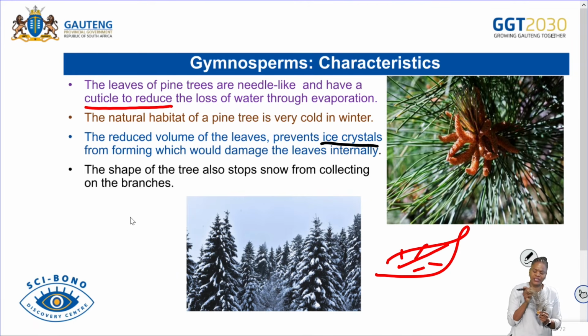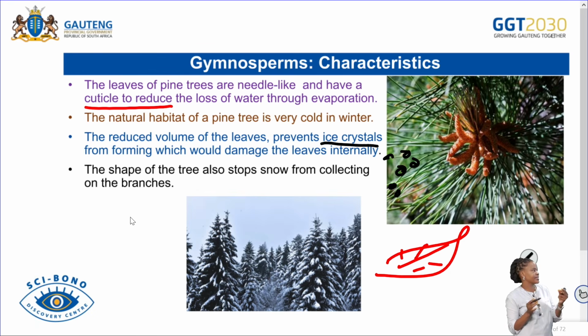But because of the reduced size or volume, because of them being small, it does not allow the ice crystals to form on them. If the ice crystals can form or stay on the leaves, then it means that our leaves can be damaged internally.